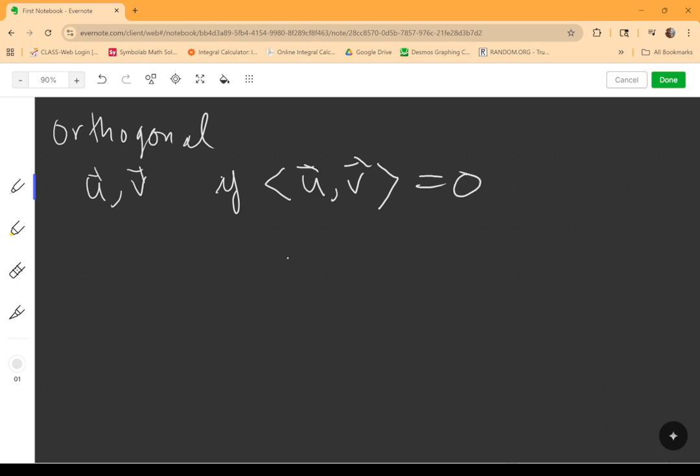Now, a good way to think of the geometry of it is if we think in R2, the standard unit vector (1, 0), and then the one in this direction, (0, 1). Call this one my u, this one my v.